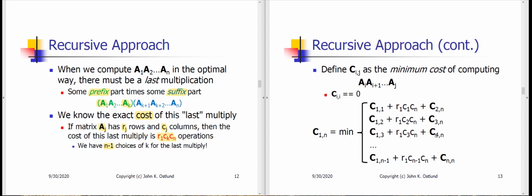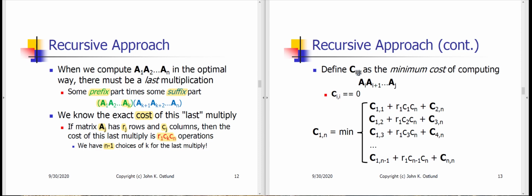Okay. So now that we know what the cost is of doing that final multiplication, let's define the minimum cost over those n minus 1 multiplications that we have to do.